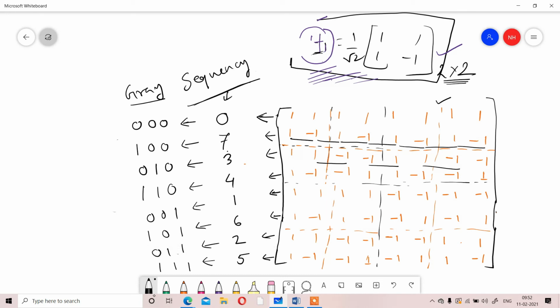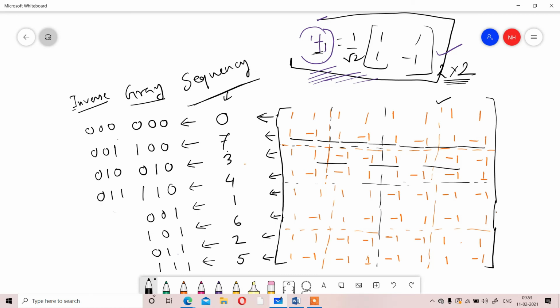And make it inverse. If we make it inverse, what will it be? 0, 0, 0 will be 0, 0, 0. 1, 0, 0 will be 0, 0, 1. 0, 1, 0 will be 0, 1, 0. 1, 1, 0 will be 0, 1, 1.